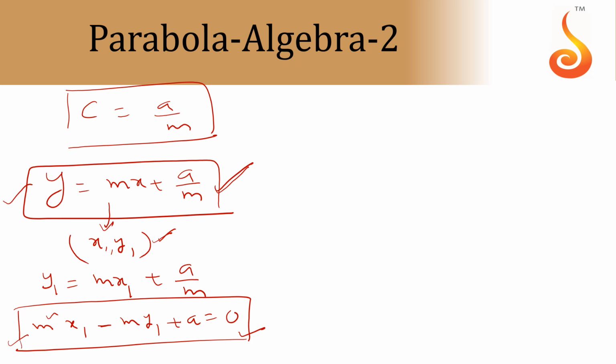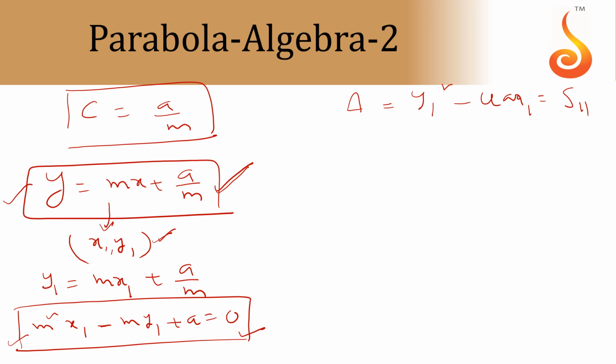Whether those two are real and distinct, real and same, or do not exist, meaning the tangents are imaginary, all will depend on delta. So what is delta? y1 square minus 4a x1, which is nothing but S11, which tells you the position of the point.